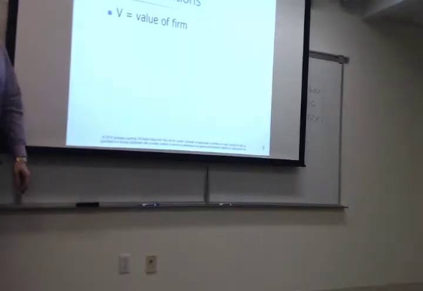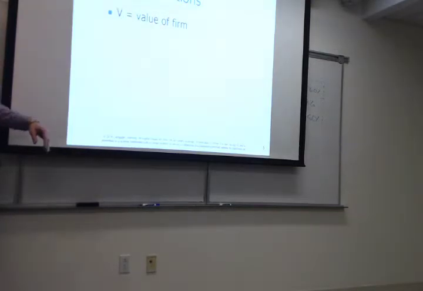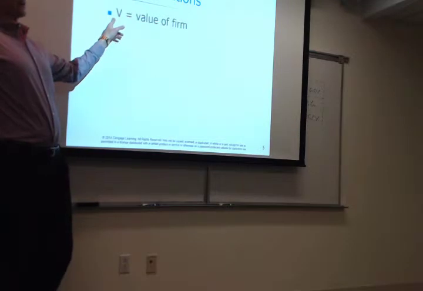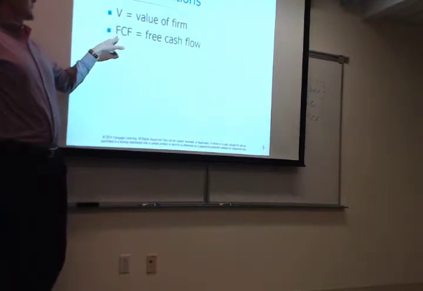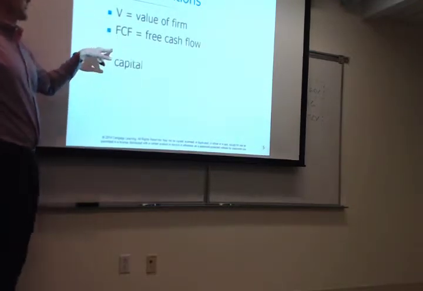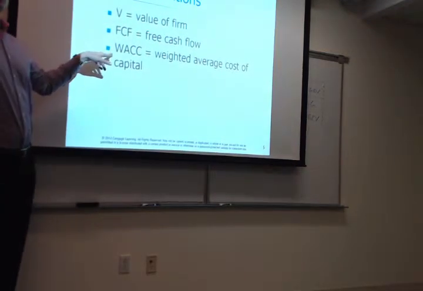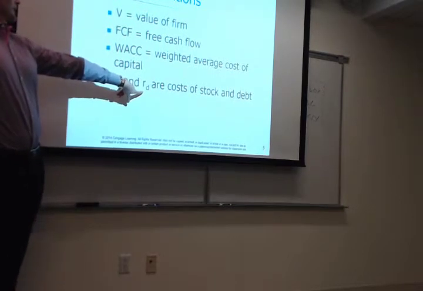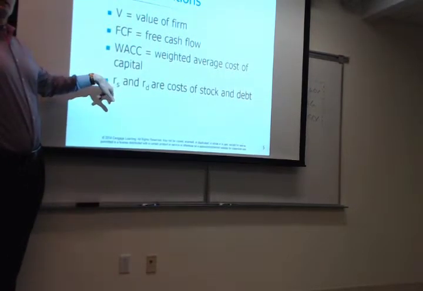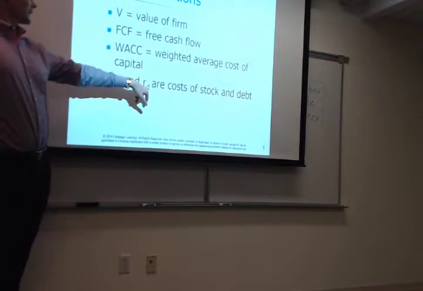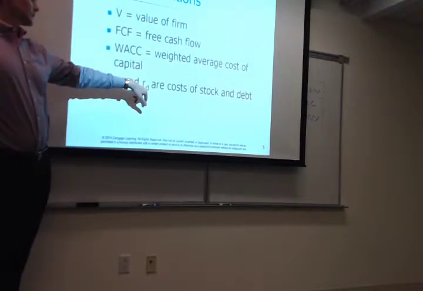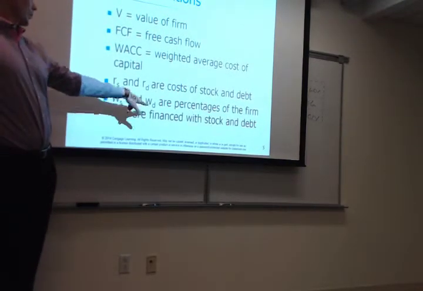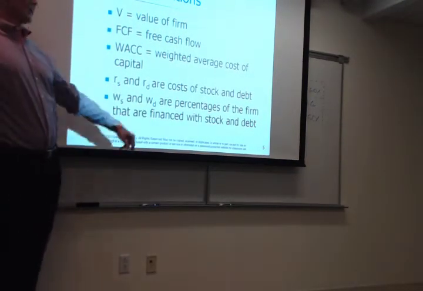A couple basic definitions. You all know this. I'm just going to lay it out for some of the examples we'll do later in class. We're looking at calculating the value of the firm. It's determined by these free cash flows, specifically how much we discount those free cash flows using the weighted average cost of capital. Weighted average cost of capital is determined by the cost our equity holders demand and the charge that our debt holders demand, and by the weight of stock and the weight of debt.